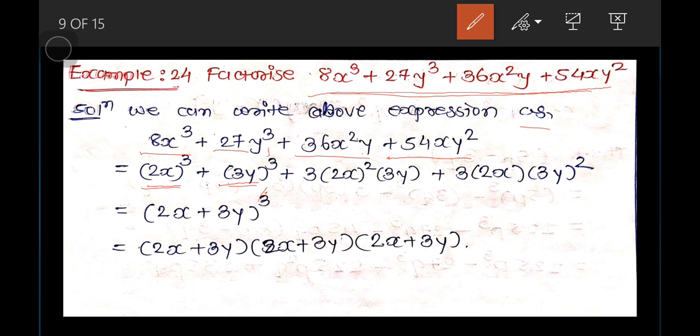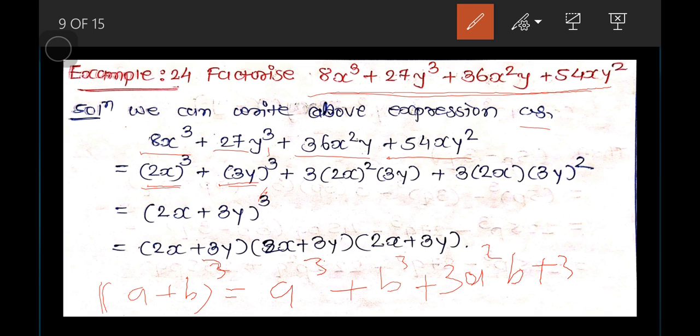So now we can use the identity, that is, a plus b all cube is equal to a cube plus b cube plus 3a square b plus 3ab square. So here we can take a as 2x and b as 3y.